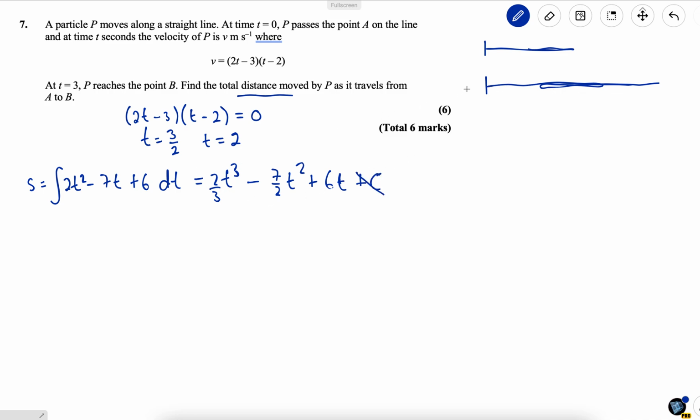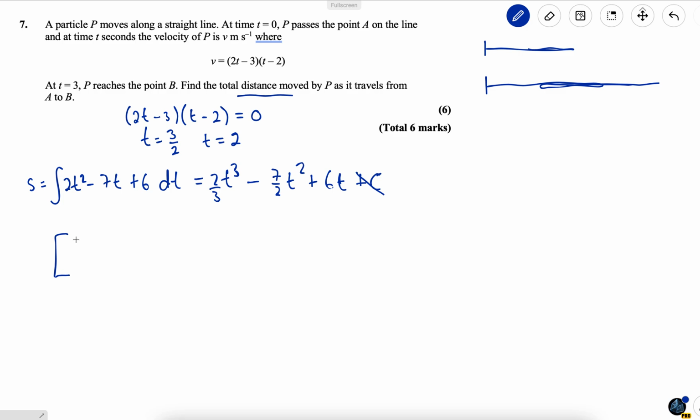So now instead of integrating for the whole journey from t equals 0 to t equals 3, I need to integrate between 0 and 1.5, 1.5 and 2, and 2 and 3. Otherwise I would just get the displacement from here to here and it wouldn't include this bit here.